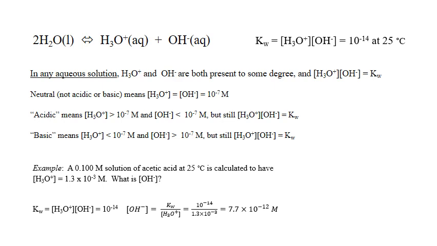So this is a mildly acidic solution, 0.1 molar acetic acid, about 1 times 10 to the minus 3 molar in H3O+, and something times 10 to the minus 12, actually closer to 10 to the minus 11 molar, in OH-, but both still present. But the point is, anytime you've got one of those, take 10 to the minus 14 and divide it by the one you got, and you get the other one. So OH- is Kw over H3O+, and H3O+ is Kw over OH-.